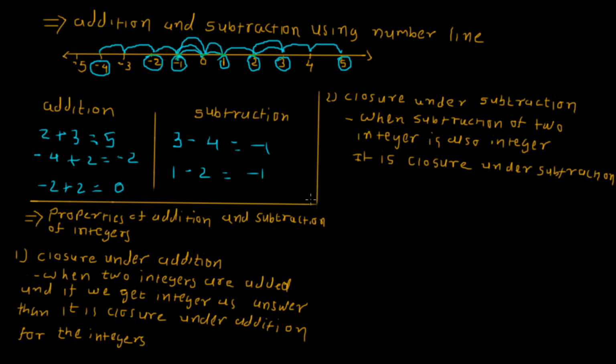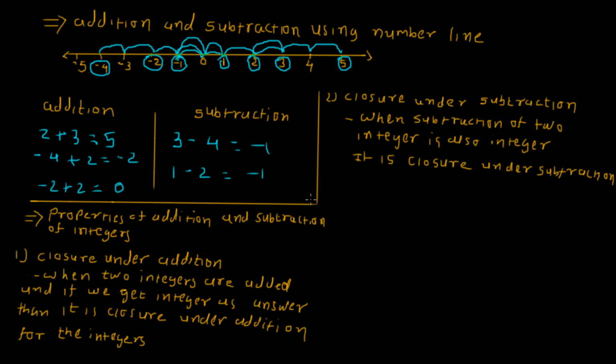So guys, next we have the properties of addition and subtraction of integers. So guys, let's talk about the properties, and here the first property is closure under addition. Okay guys, when two integers are added, and if we get an integer as the answer, then it is closure under addition for the integers.